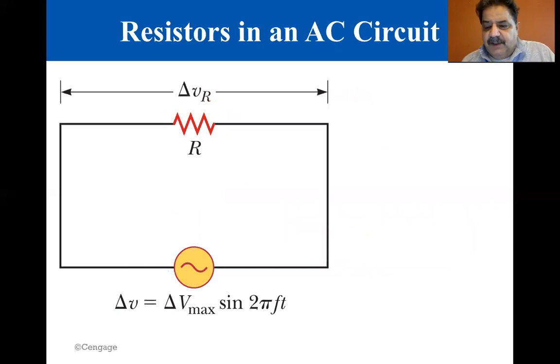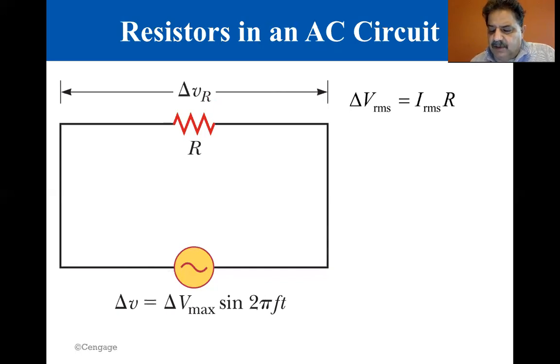Now let's consider the series circuit shown in the figure, which consists of a resistor connected to an AC generator. A resistor impedes the current in an AC circuit, just like it does in a DC circuit. That means Ohm's law is valid for an AC circuit, and we have the relationship shown. The rms voltage across the resistor is equal to the rms current in the circuit times the resistance.